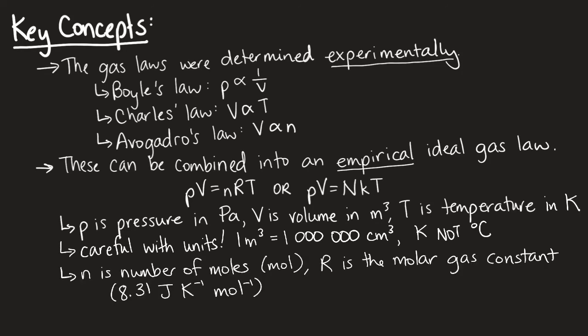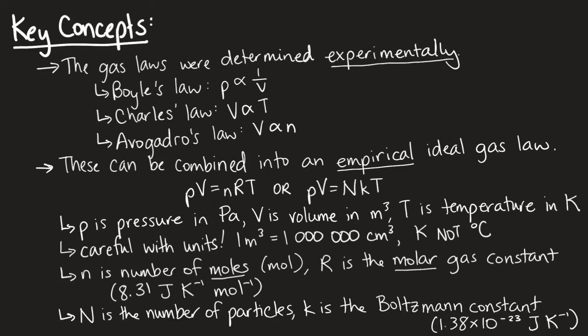For PV equals nRT, that little n is the number of moles and R is the molar gas constant. We can remember that these two go together by linking moles with the molar gas constant, or by taking a look at units in the fact that the molar gas constant has a per mole and the number of moles when multiplied cancels out that bit of unit.